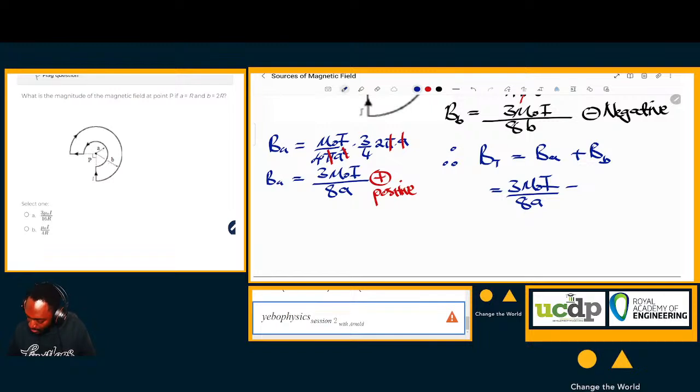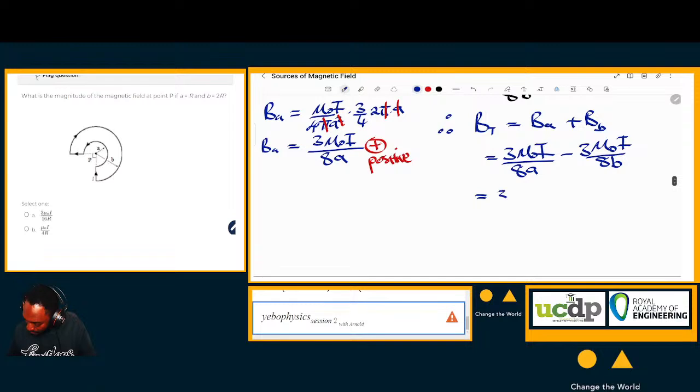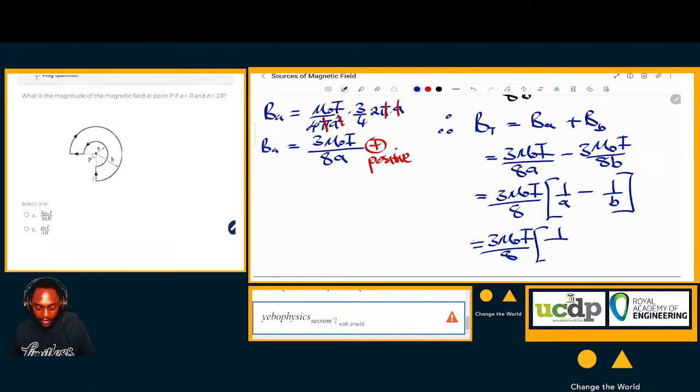Minus, because we said B of B is negative, minus 3 mu naught I over 8B. We can factor out 3 mu naught I over 8, times 1 over A minus 1 over B. Then we can substitute the values for A and the values for B. The value for A is R, and for B, 2R, so 1 over R minus 1 over 2R.